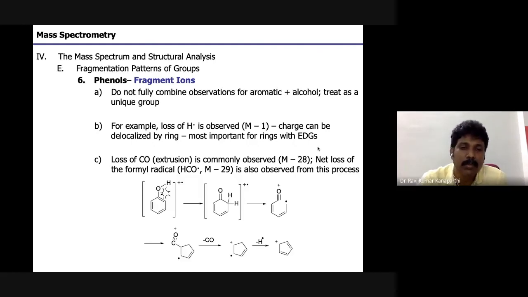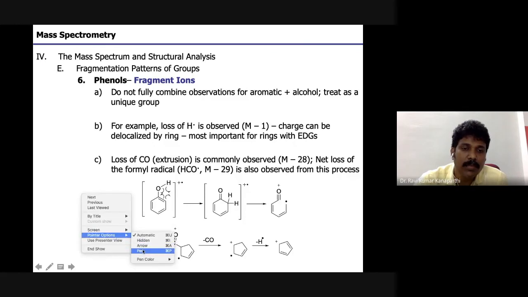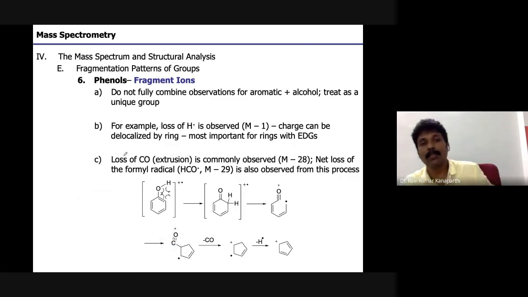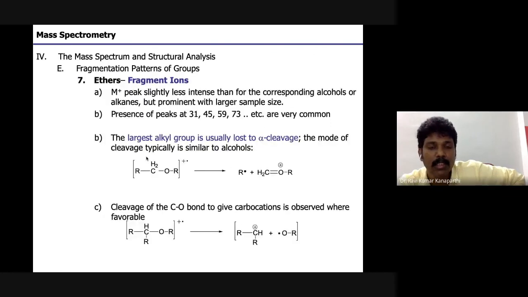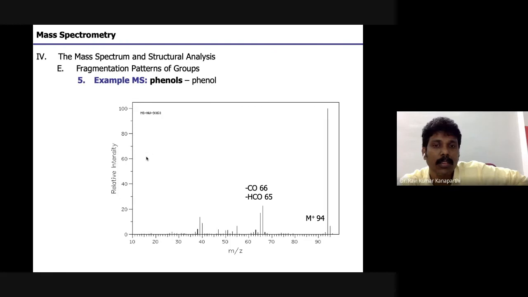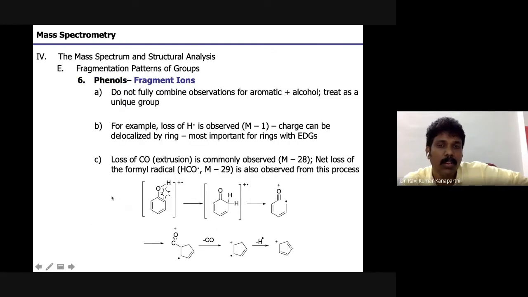And the mechanism is shown here. Similarly, in the case of phenols, the loss of CO corresponding to 28 is seen. CO corresponds to 28: carbon is 12, plus 16, it is 28. So loss of 28 can also be due to the carbonyl functional group.